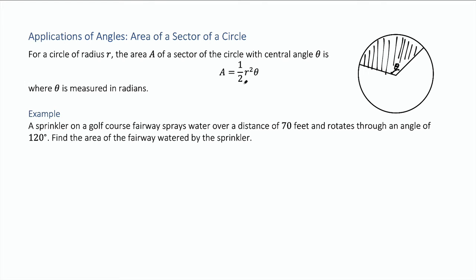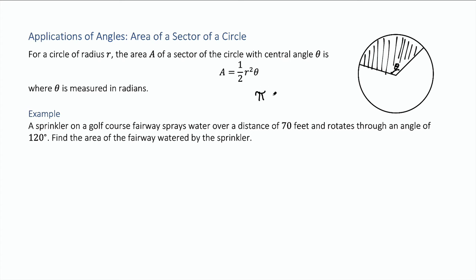And this formula comes directly from the fact that we know that the area of a full circle is pi times r squared. And all we need to do is take a portion of that, where we know this angle theta. If measured in radians, we know a full circle is 2 pi radians. And so really that's all we're doing.